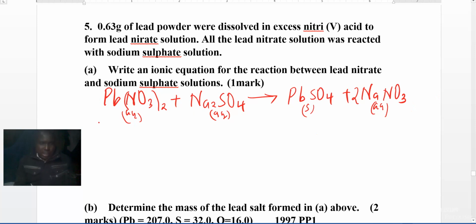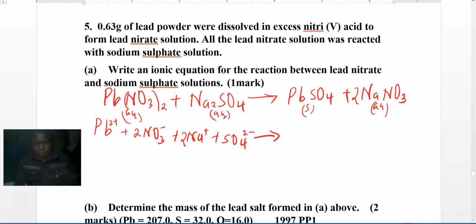So you will say lead 2 positive plus 2 nitrates minus, plus sodium positive, which is 2 of them here, plus the sulphate 2 minus will give us lead sulphate.